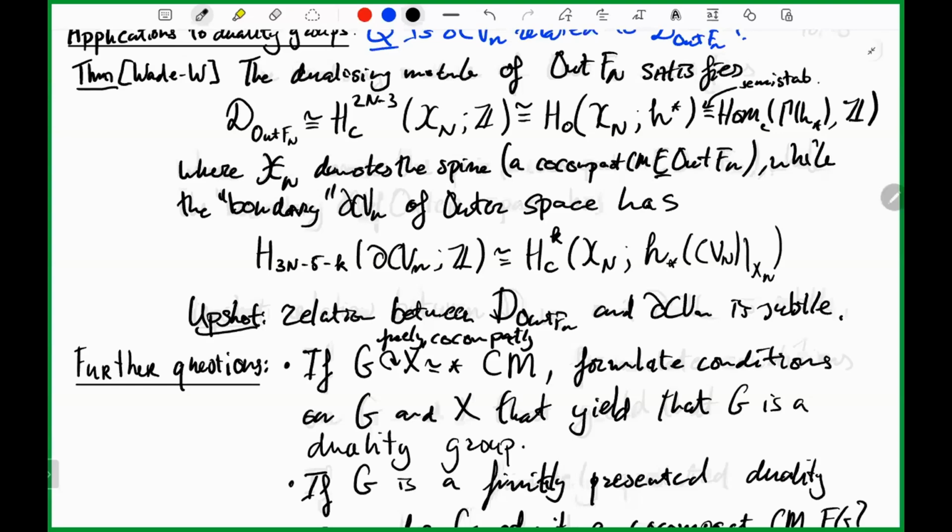Yeah, that's something we've been thinking about. The other thing I should point out is that if you have a duality group acting on the CM complex, then the classifying space also has cohomology. So you're in a situation where you have group duality, the purely algebraic one, and on the other hand you have this Cohen-Macaulay duality, which comes from the topology of the classifying space.